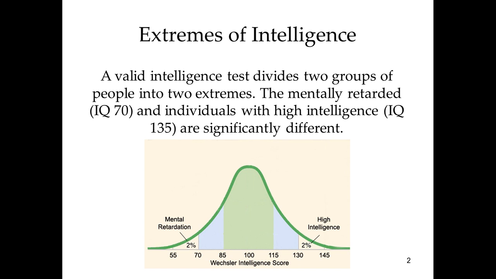So anything below 70 is considered mental retardation, and anything above 135, right, we are actually pushing it a little bit higher, is considered high intelligence. So basically we're looking at 2 standard deviations above and below the mean as being completely normal. So if you're an individual that has an IQ of 75, that's not bad. That's not average, but it's not abnormal either.